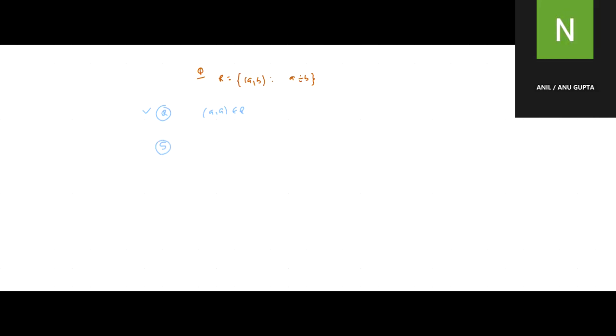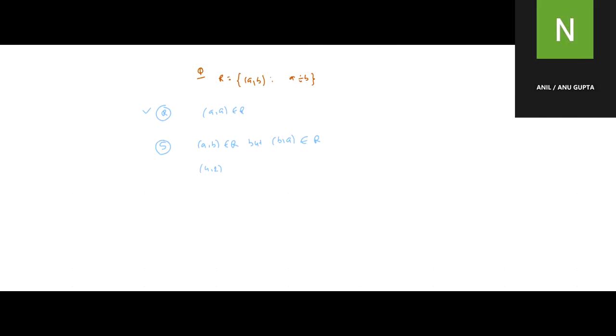Symmetric. So A is divisible by B. Is it symmetric? No. Because you take (4, 2).